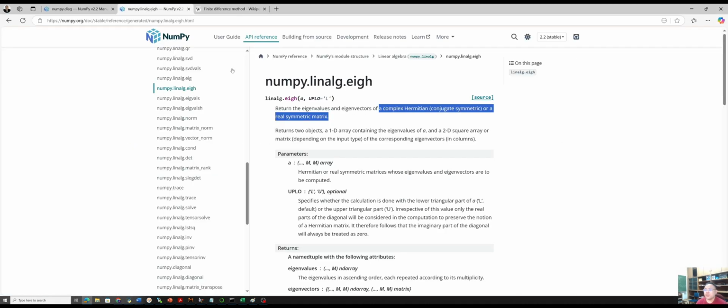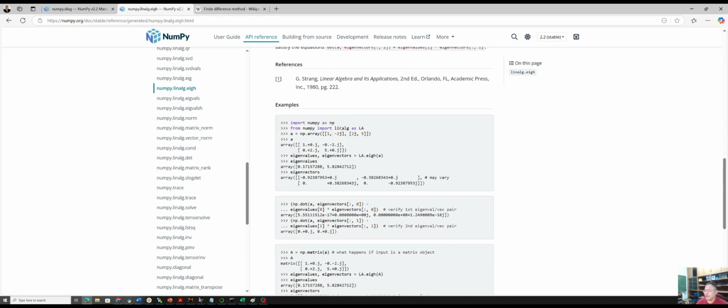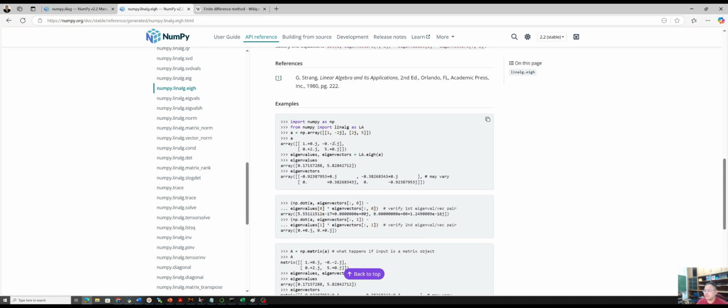When you look in detail, you have two objects: a 1D array of eigenvalues and a 2D square array of the corresponding eigenvectors. And you can see there's an example: eigenvalue 2, with its eigenvector.